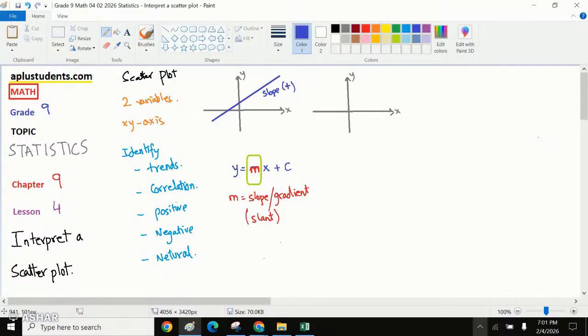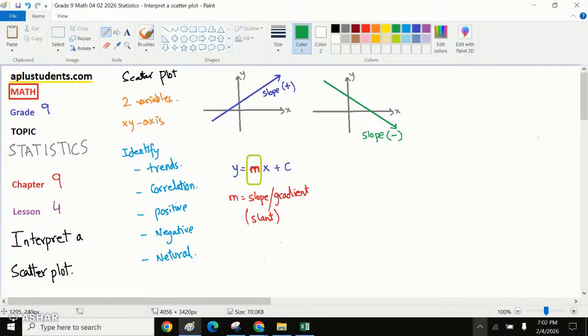But if the line is decreasing, going downwards, increasing means positive and decreasing means negative. If the line is decreasing, it has a negative gradient, so the slope in this case would be negative.